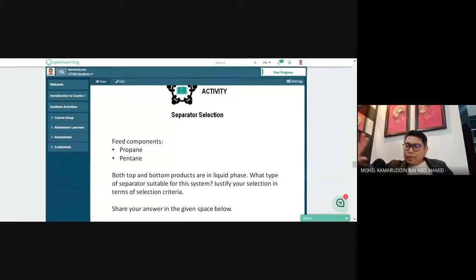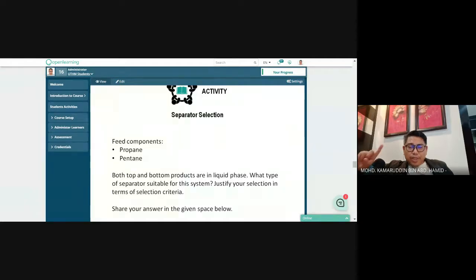Remember, when you are talking about purity, that is different; now you are just talking about condition, just about phase. If both should be liquid, then both of these separators are capable. They can achieve it.